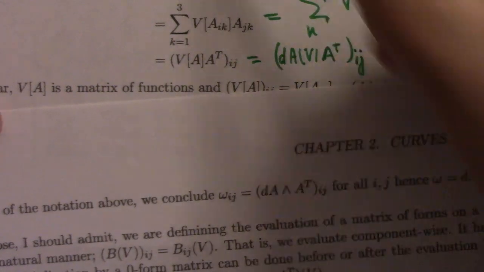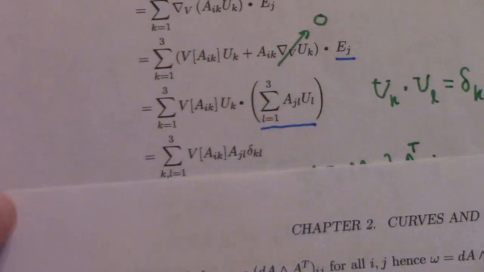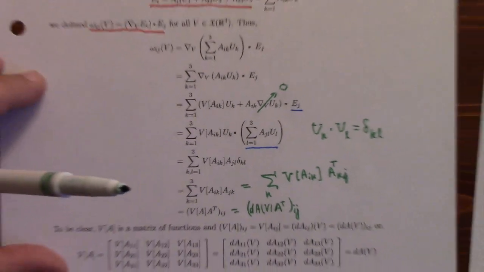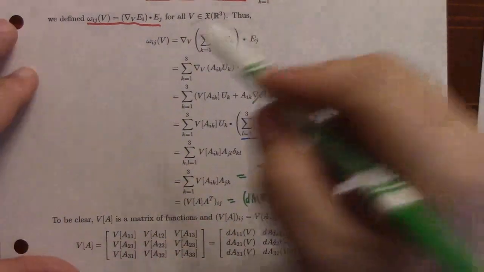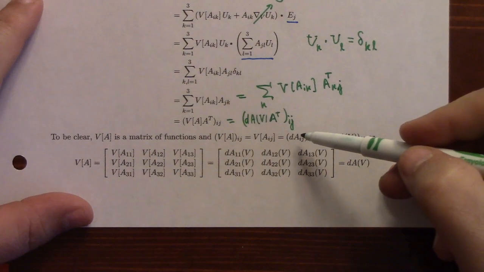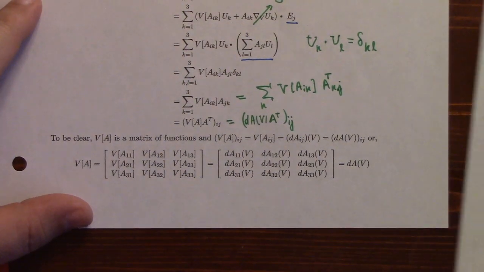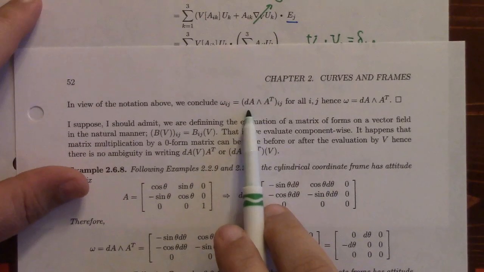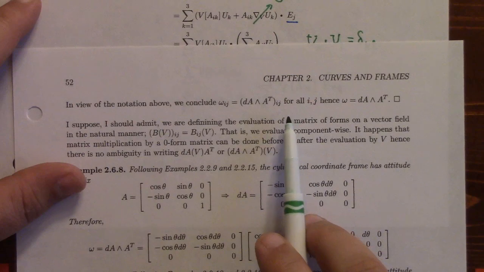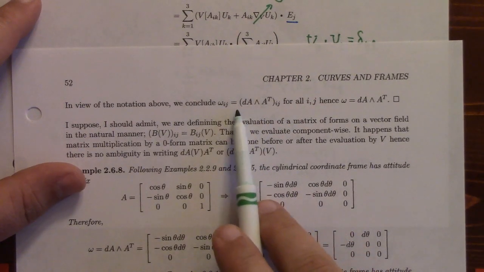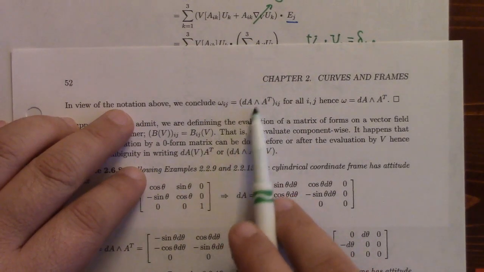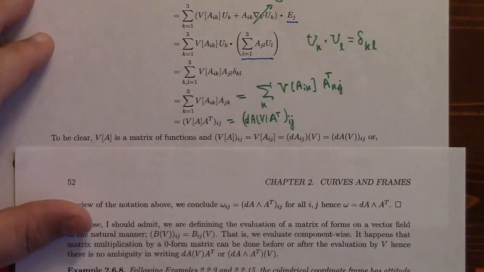Since this holds for all V, it follows that omega IJ is equal to dA wedge A transpose. Since it holds for all V, we can drop the of V. But understand that the way this one form acts on V is for dA to act on it. That's incidentally part of the deal here.